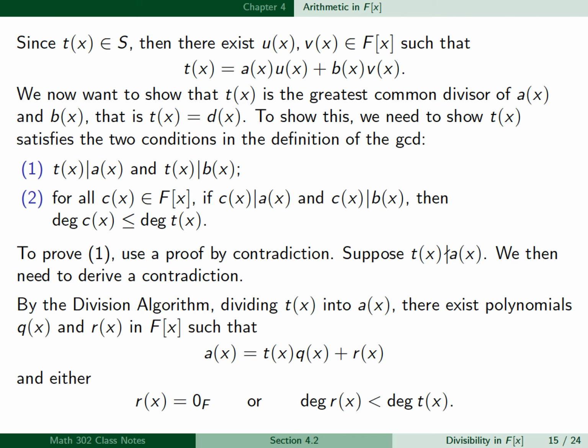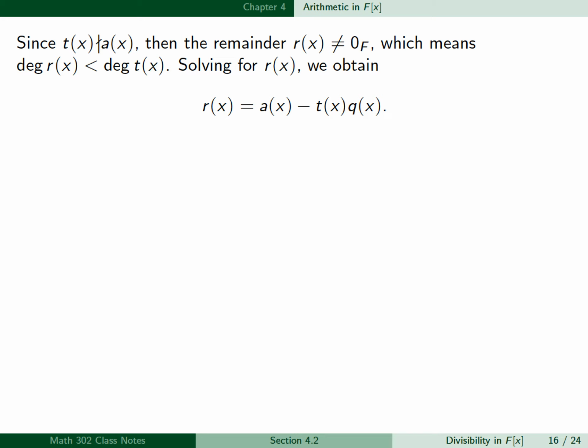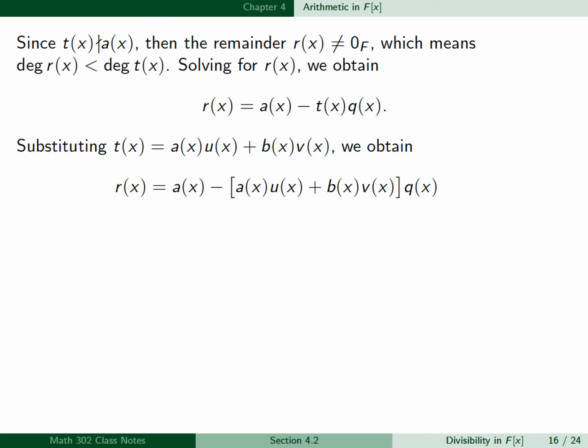Now, solving for r of x, we obtain r of x equals a of x minus t of x times q of x, and substituting t of x equal the linear combination a of x u of x plus b of x v of x, we obtain r of x is equal to a of x minus that linear combination times q of x.